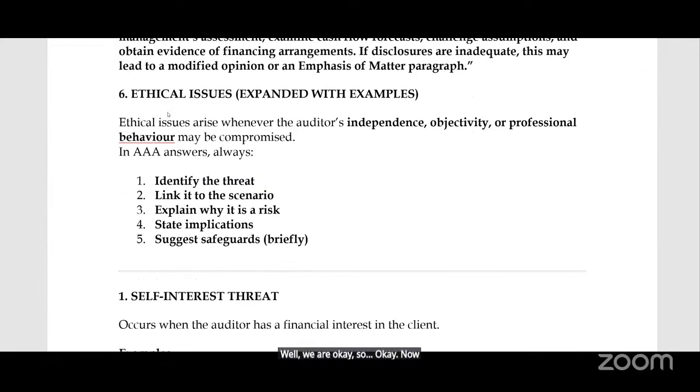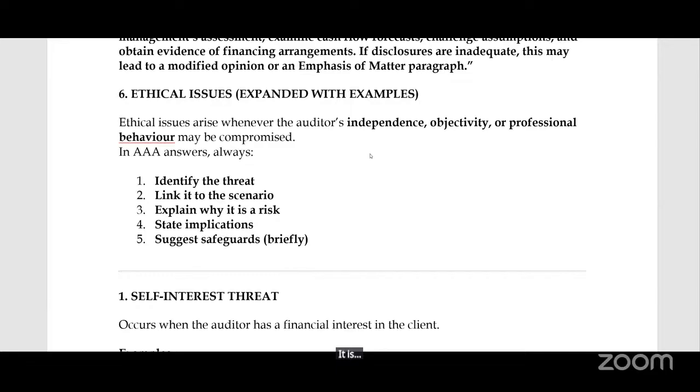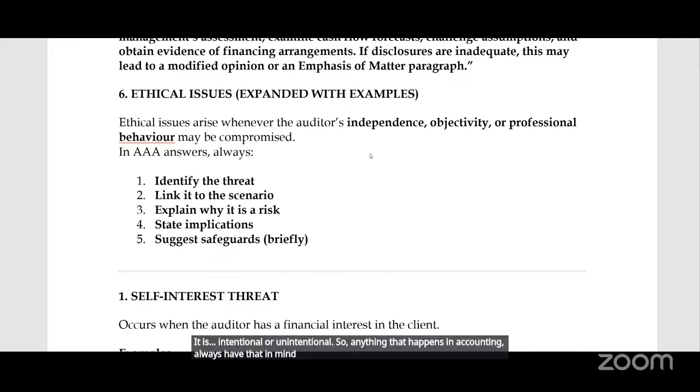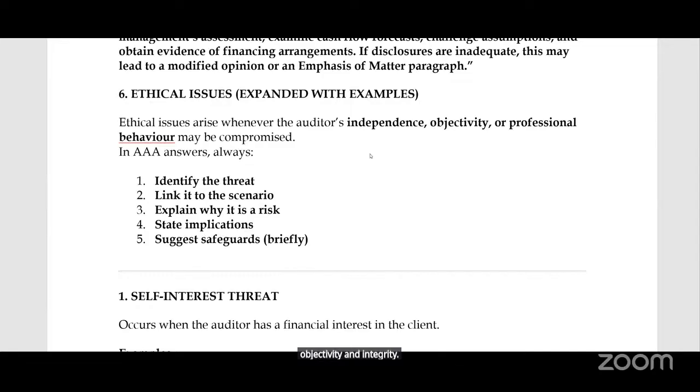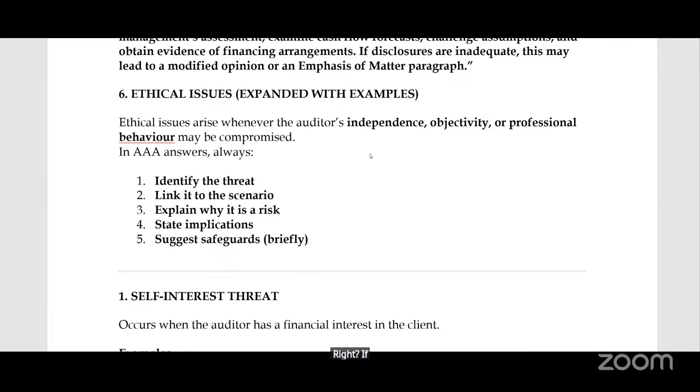Now, ethical issues, I've already told you about that. Anytime something happens, it's either what? It is intentional or unintentional. So anything that happens in accounting, always have that in mind. If it's intentional, it leads to a breach in objectivity and integrity. Why? Because maybe it's a self-interest, self-review, all those traits, you know them already, right? If it is unintentional, that means it's a competence and due care problem, which may be due to traits.